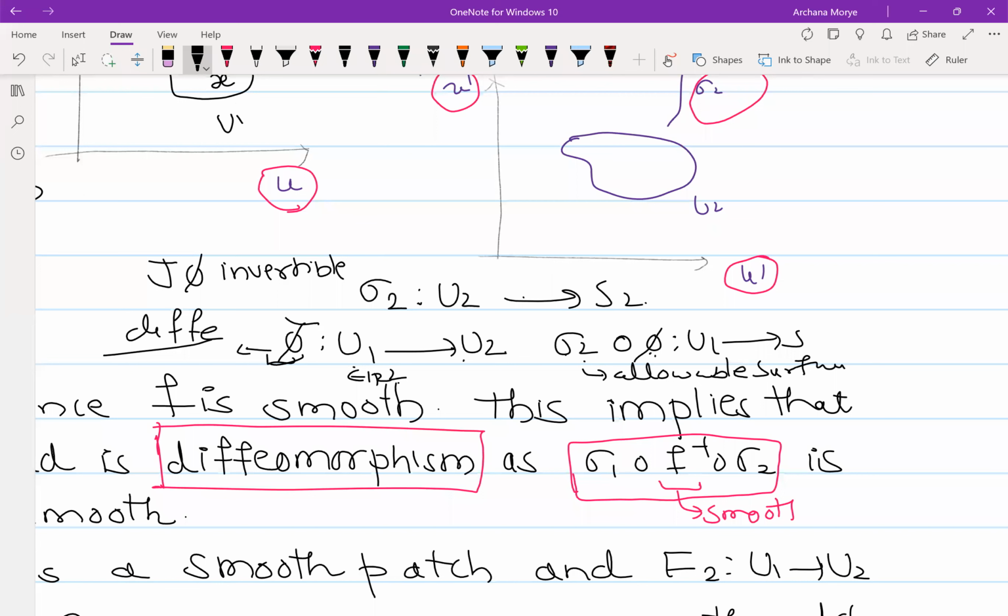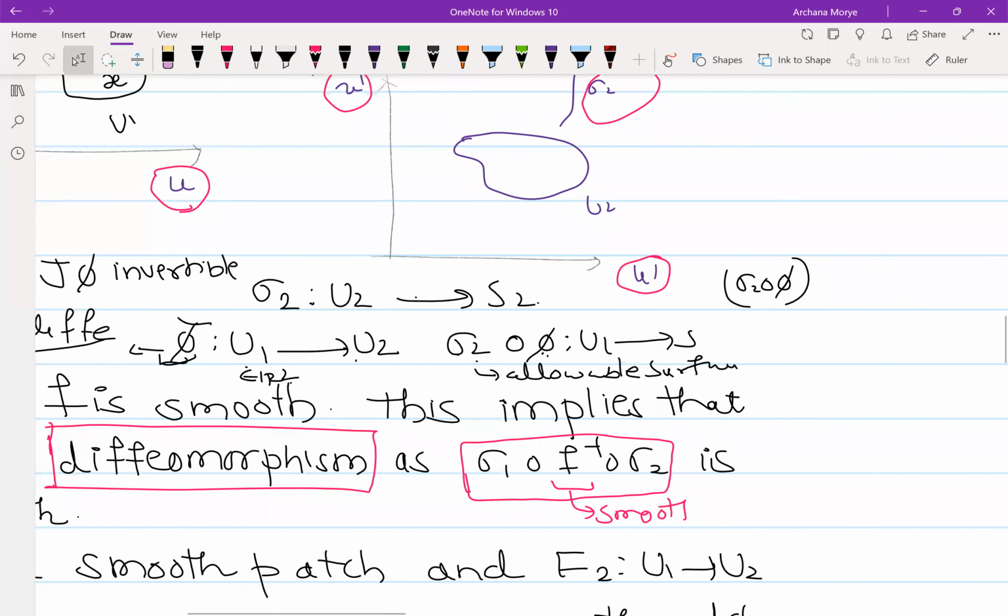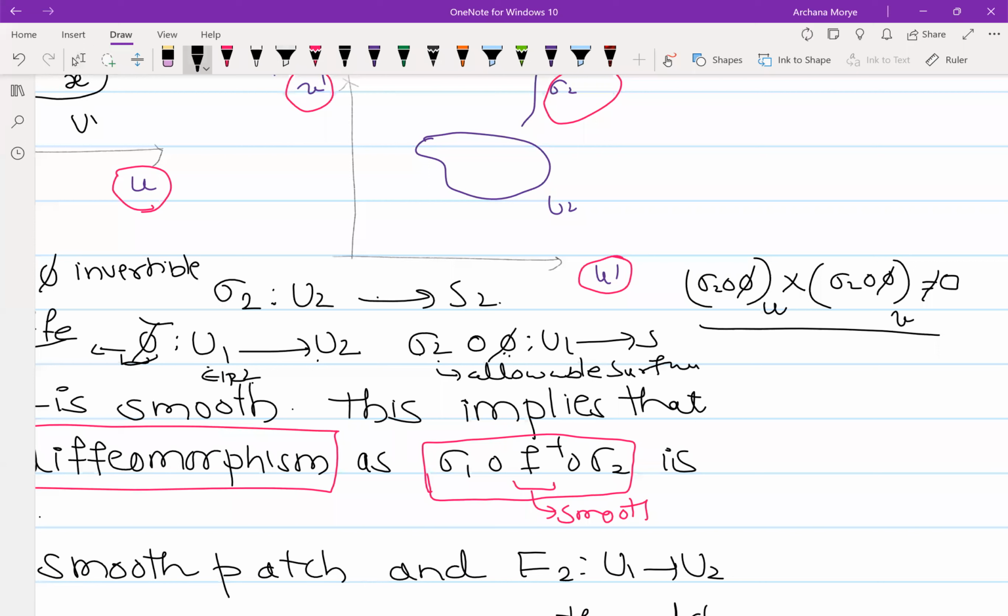And why is sigma 2 composed with phi, with respect to u and v, going to be regular? I mean, why are they going to be linearly independent? Given that sigma 2 is regular and phi is a diffeomorphism, can you say that these are linearly independent?